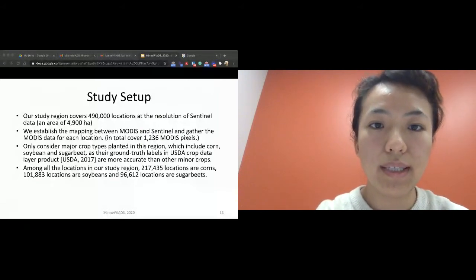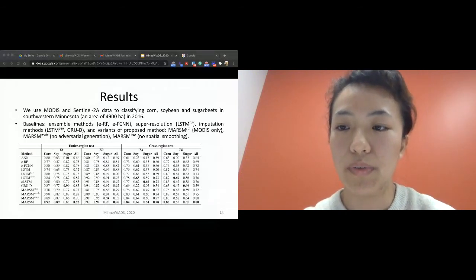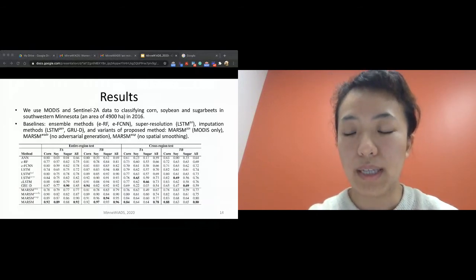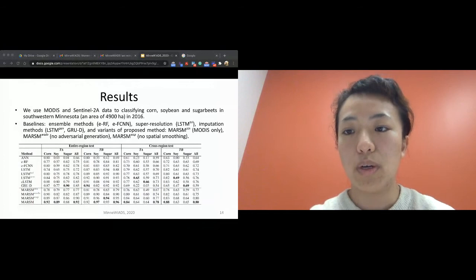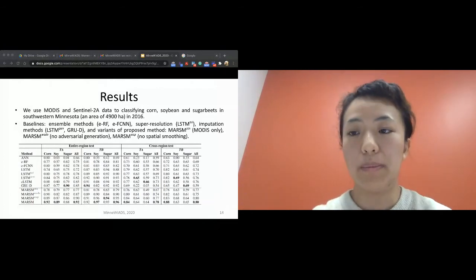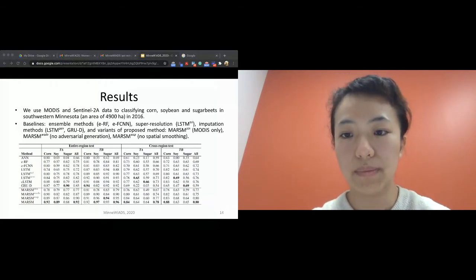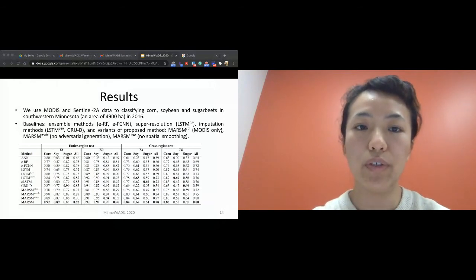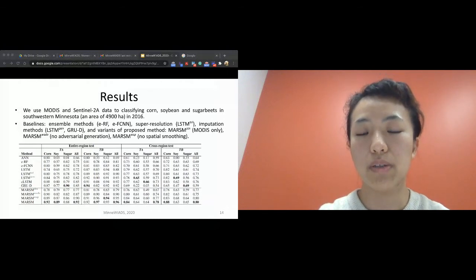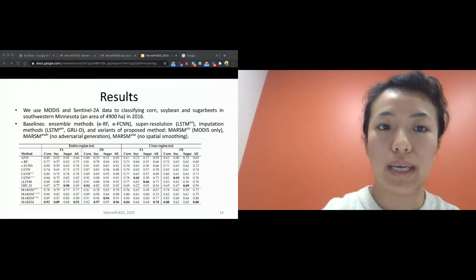Here is the overview of the result. For baselines, we did random forest, feedforward convolutional neural network, and LSTM with imputation. We found a few things. First of all, MARS, our proposed solution, performs the best in most cases.